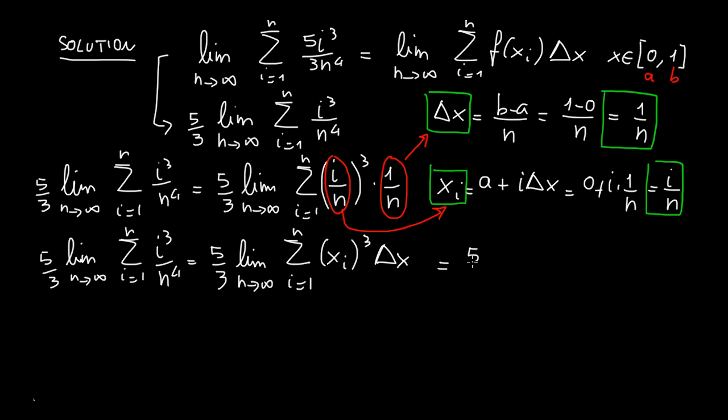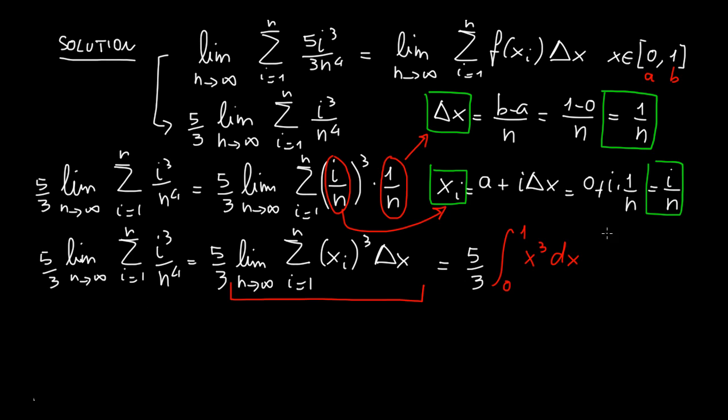But the limit of a Riemann sum, and this is the limit of the Riemann sum, is the definite integral between 0 and 1 of x cubed dx in this specific example.